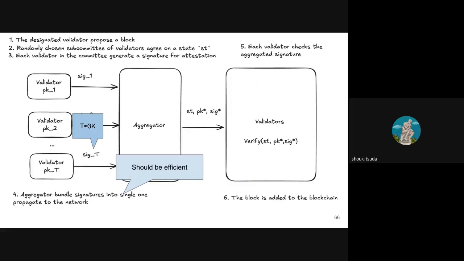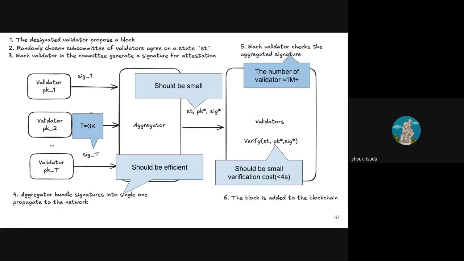Okay, the problem is each committee has 3,000 validators, so we need an efficient aggregation algorithm. Also, the number of validators who verify one signature is around 1 million, so we need very efficient aggregation schemes and a small verification cost.